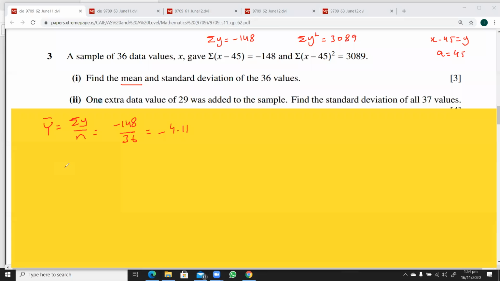Okay, so from here we can get to our actual mean. That is going to be the mean of y plus this a. So this is going to be minus 4.11 and then plus 45. So you add 45 into it, we get 49.11. Okay, so 49.1, that is the mean we were looking for.